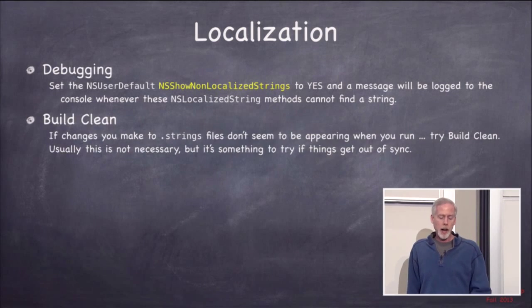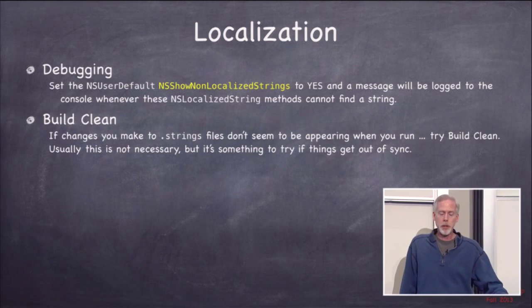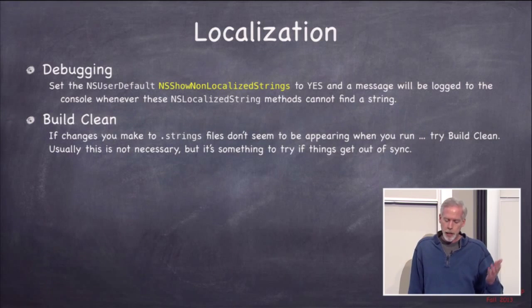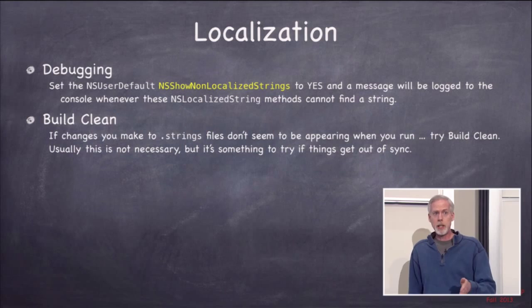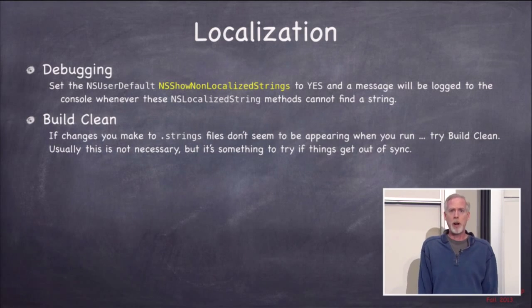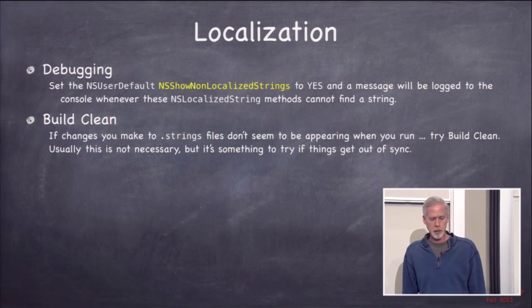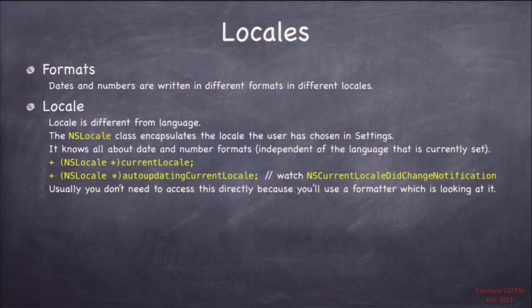I've seen some people complain that sometimes they'll add some strings to a localization and test it, and it's like, oh, it's not getting the new changes. I haven't seen that in iOS 7, but if you do, building clean and reinstalling seems to solve that problem. I don't know exactly the circumstances that supposedly happens under, but it can't hurt to build clean. Okay, so that's strings, and we'll see all this happening in the demo.